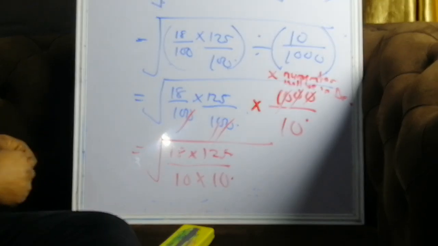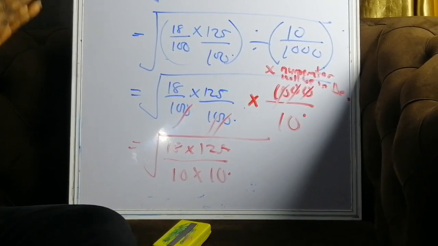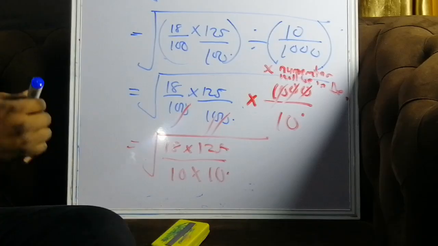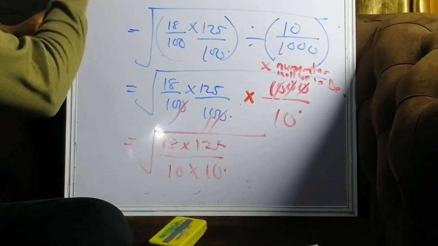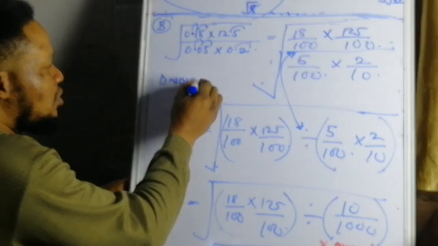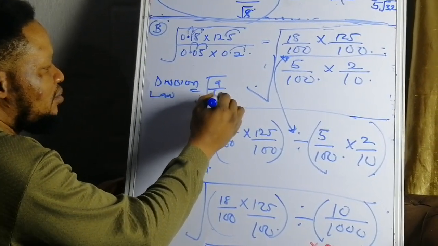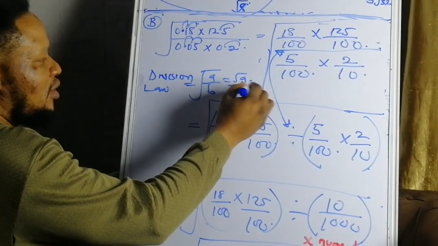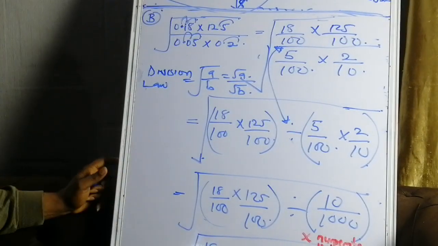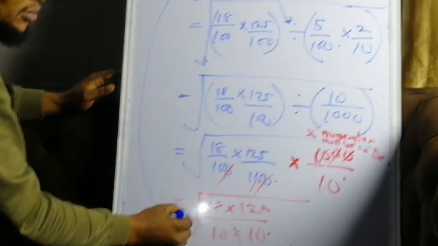Division law says that root A over B is the same thing as root A over root B. Don't forget division law. So that division law, we are applying it here now.